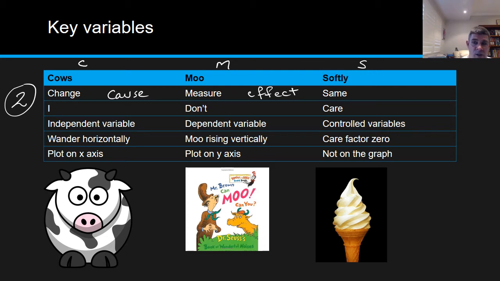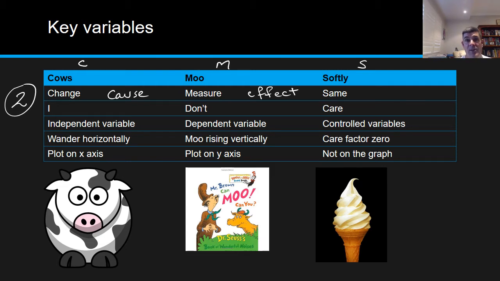Once we do that, we then need to keep everything else the same. It's very important that we control certain conditions, and where we can't control them, we at least make sure that they're the same for each of the trials. So for example, you may not be able to change the temperature of the room, but if all of the experiments are being carried out at the same time in the same room, then those atmospheric conditions should not be a significant factor because you've controlled them.